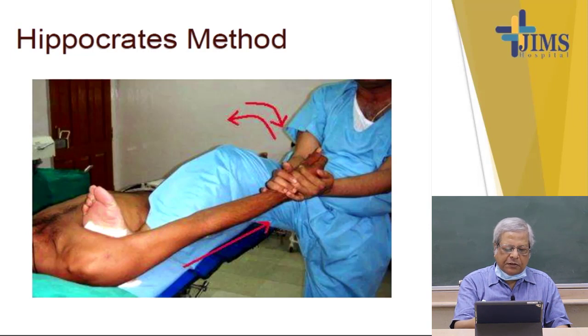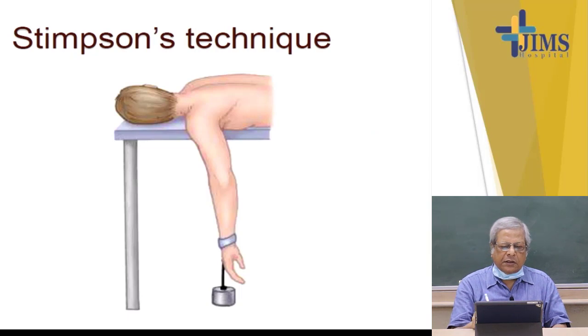He places his foot in the axilla near the humeral head, pushes it back, then it goes back. This is the classical Hippocrates method, rarely practiced these days. There are much safer techniques.